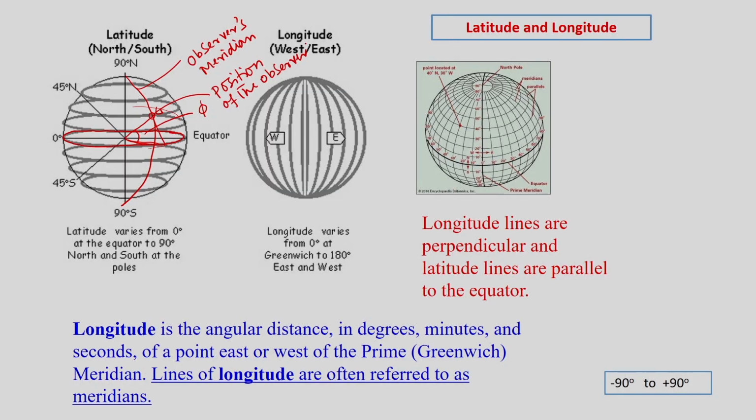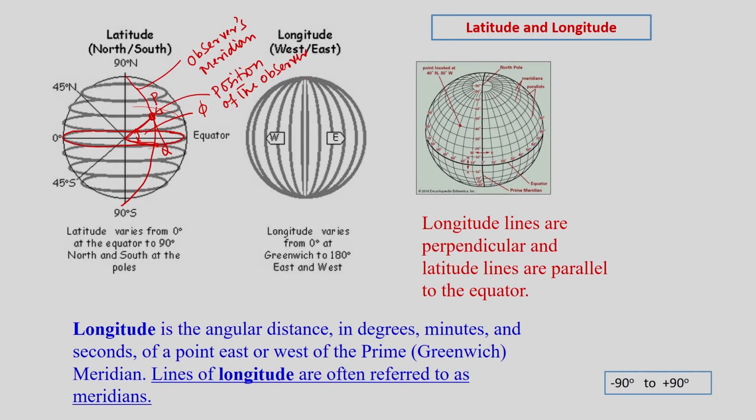I hope you understand this. This is the position of the observer, and we connect the center of the earth to the position of the observer and project it on the equatorial plane. This may be P, this may be Q, and this angle is phi. So, this phi is nothing but the latitude of the location. We need to calculate this phi on many occasions for many radiation parameters.